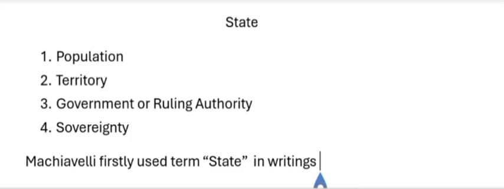Their number does not matter, whether the figure is in millions, thousands or billions, but there must be a population living within a state, and this is the first and most important component for a state.